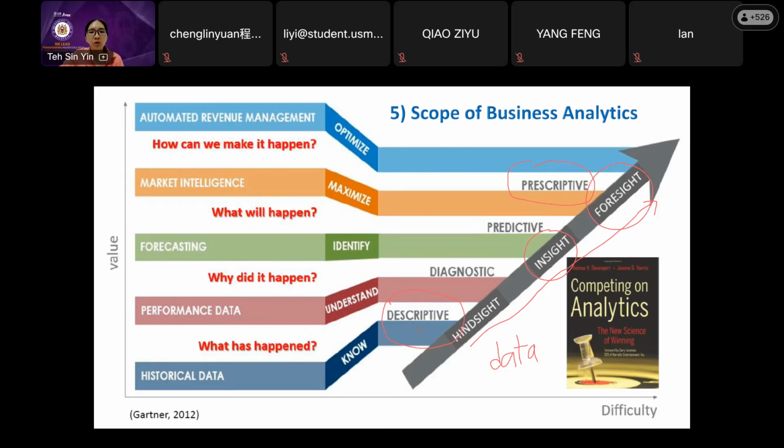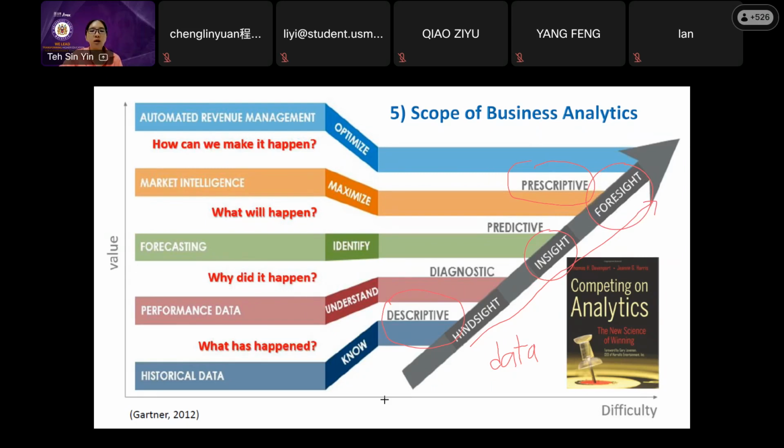When you move from descriptive to diagnostic to predictive to prescriptive, you are moving from hindsight to insight to foresight. One of your subjects is strategic foresight.